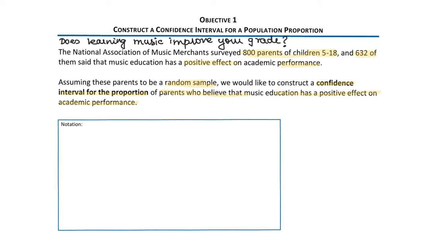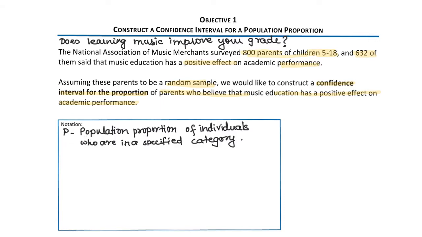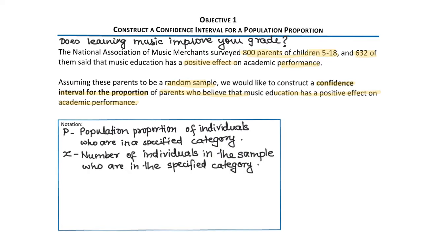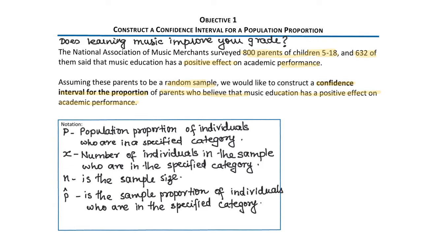Let's look at the notations. P represents the population proportion of individuals who are in a specified category. X is the number of individuals in the sample who are in the specified category. N is the sample size. P hat is the sample proportion of individuals who are in the specified category.